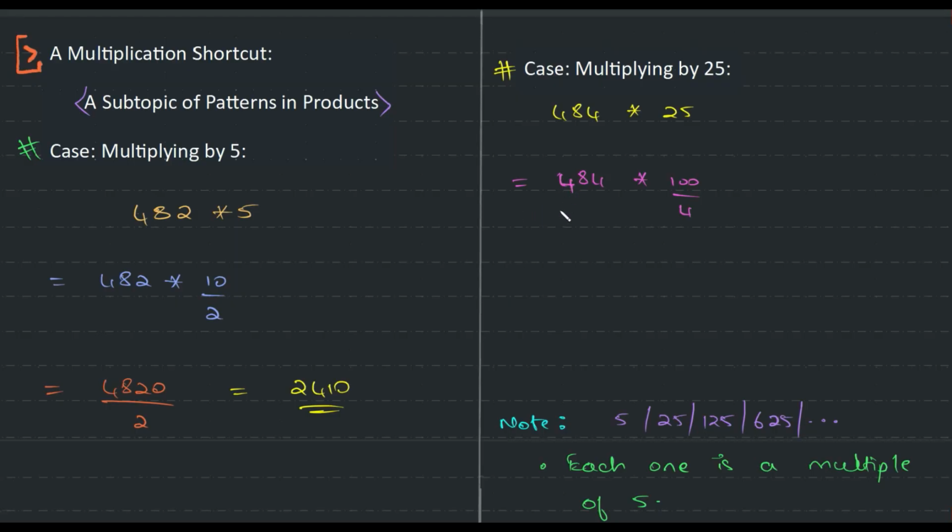You guys agree? 100 by 4 is 25. Now, multiplying 484 into 100 is very simple, and then we need to divide with 4. Dividing with 4 will lead to 12100. Is that correct? Have a look.